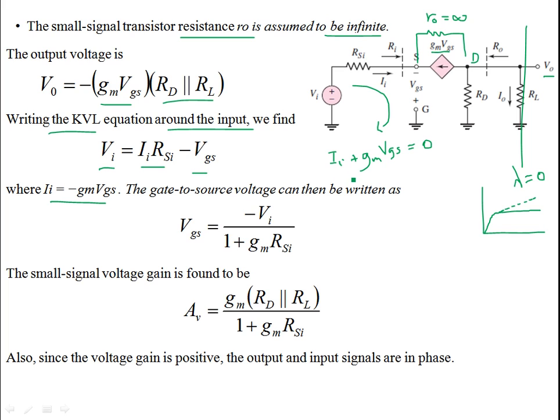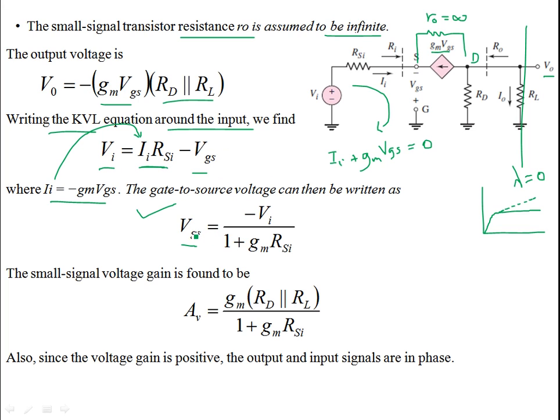So II is minus gm VGS. Now, if you substitute this in the KVL equation, you can express VGS in terms of VI. If you do some algebraic manipulation, you will find that VGS is minus VI over 1 plus gm RSI. Basically, VI becomes minus gm VGS RSI minus VGS.